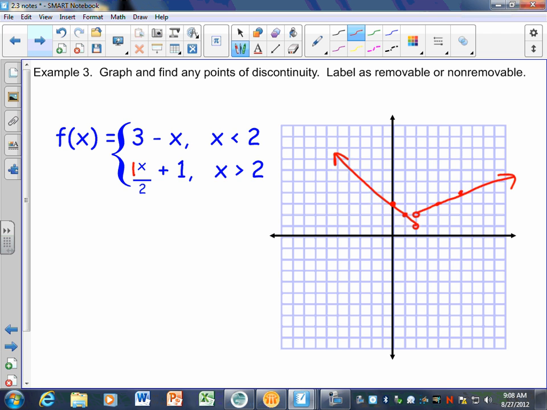I'd have to fill in the dot and move that whole piece to make it match up. So where's my point of discontinuity? At x equals 2. And this would definitely be non-removable. I think we could even say it's a jump discontinuity.